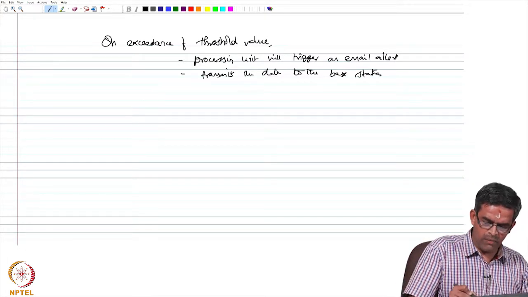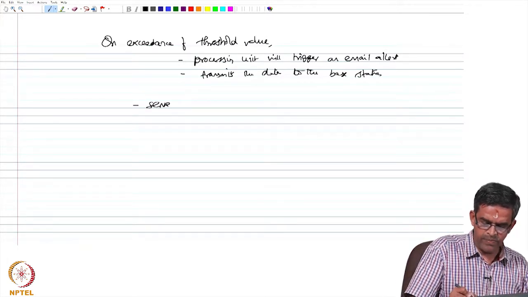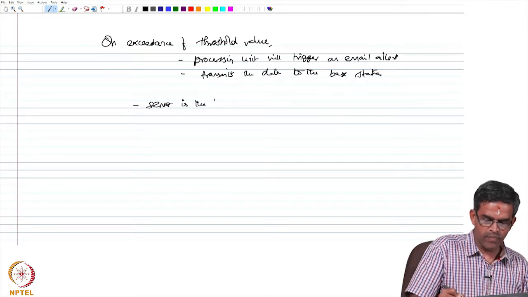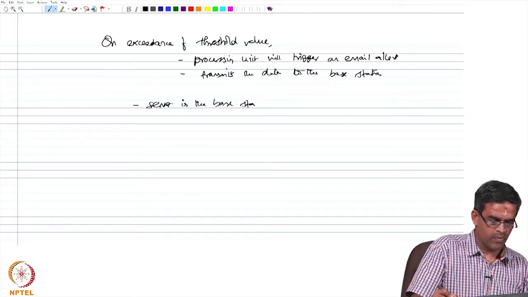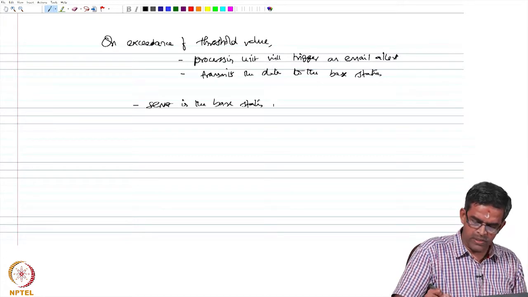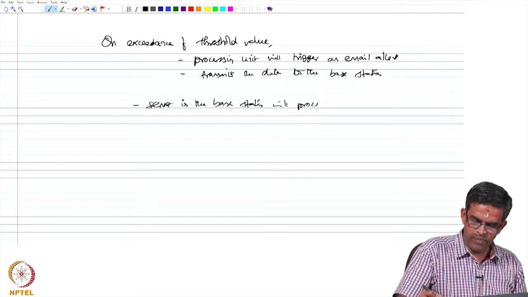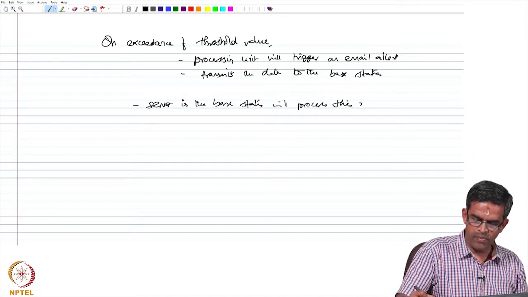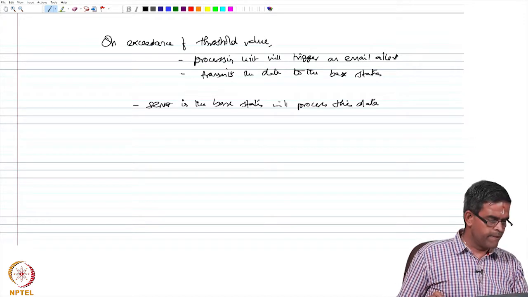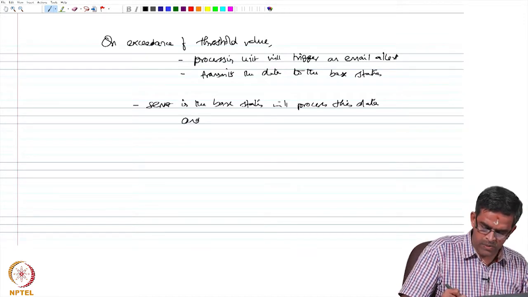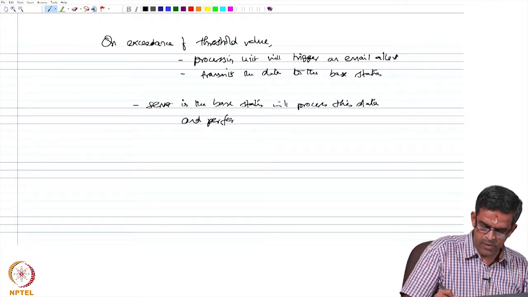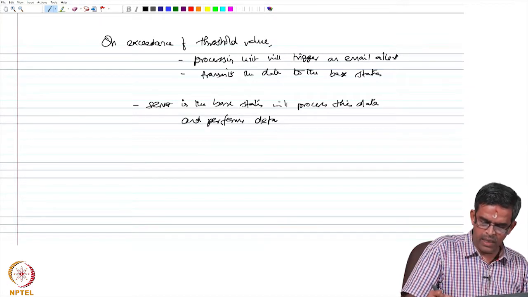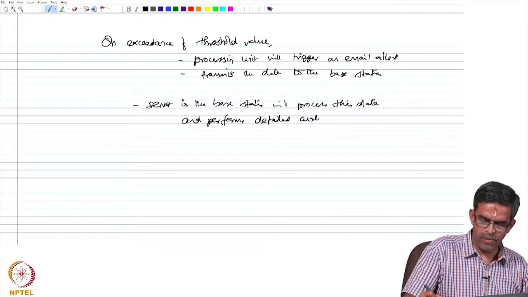Now, the server in the base station will process this data and performs detailed analysis.